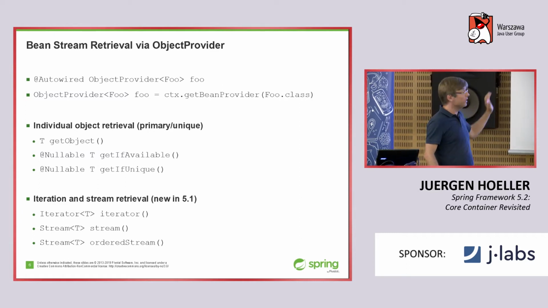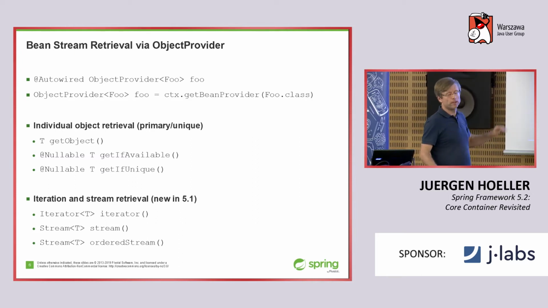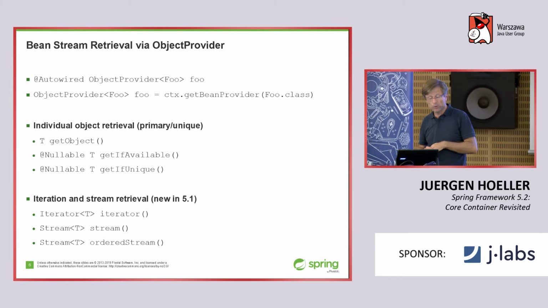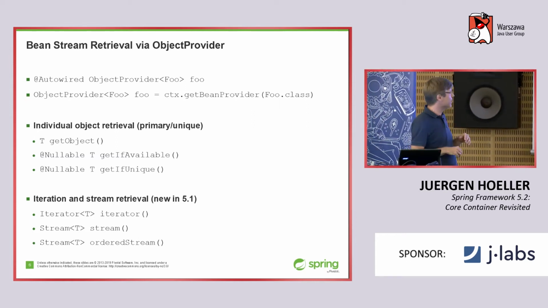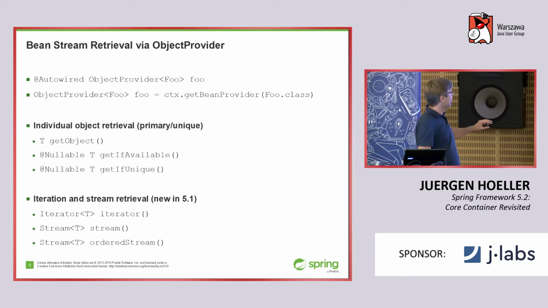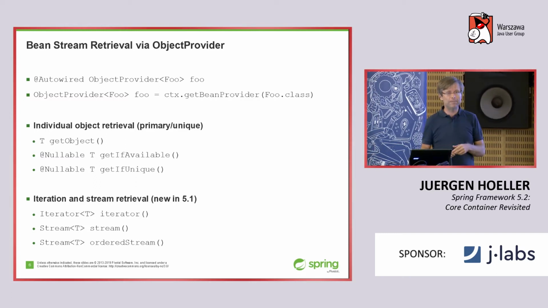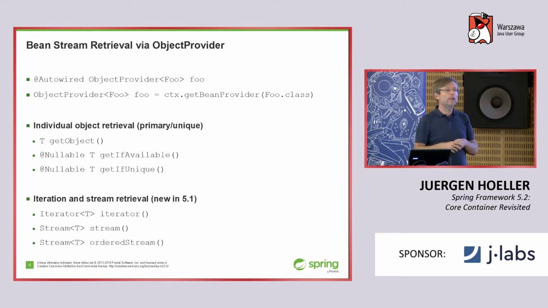So there's a good old iterator for the ones loving iterators, but the Java 8-oriented ones are those stream methods. Stream and ordered stream with slightly different semantics and slightly different implications in terms of lazy resolution.